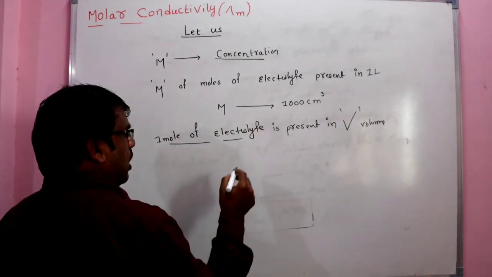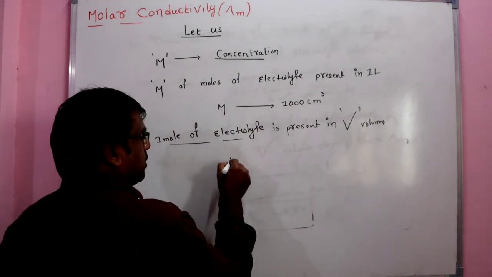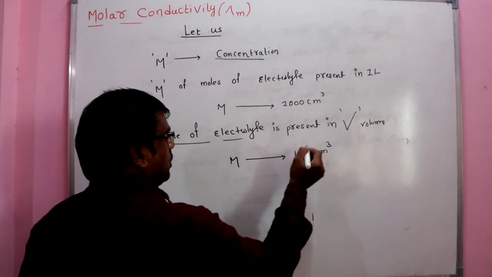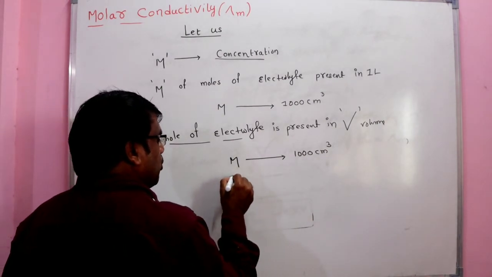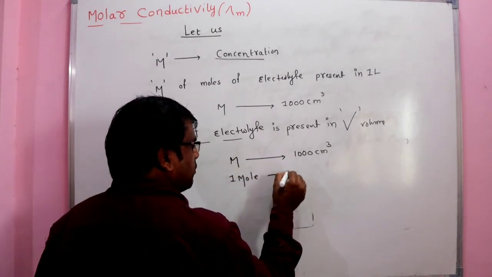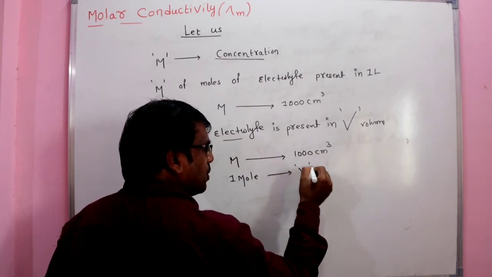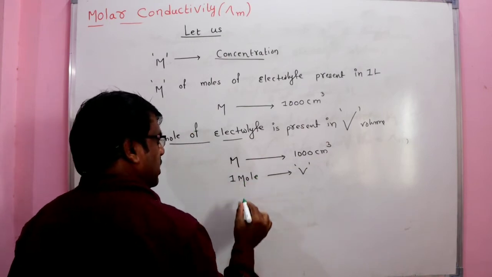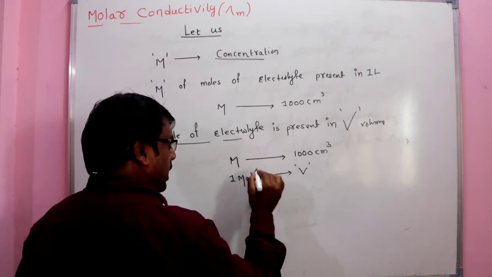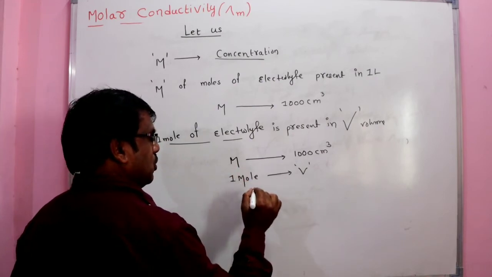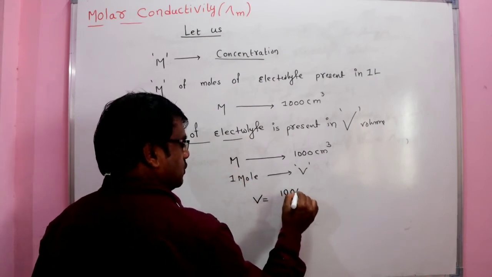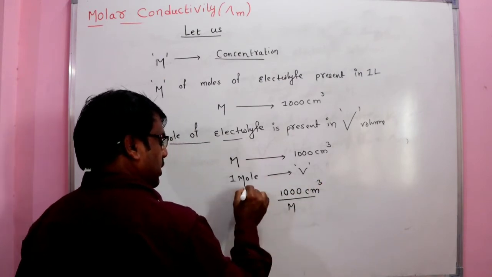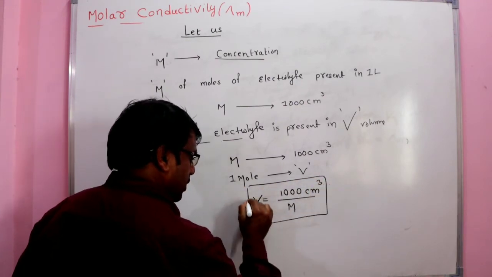Then how we can derive the relation? Look at here. M moles are present in 1000 centimeter cube. That is a concentration. 1 mole is there in how much of volume? Either V centimeter cube or V meter cube. So suppose V volume, then what we can write? V is equal to 1000 centimeter cube divided by M. This is the formula we will get.